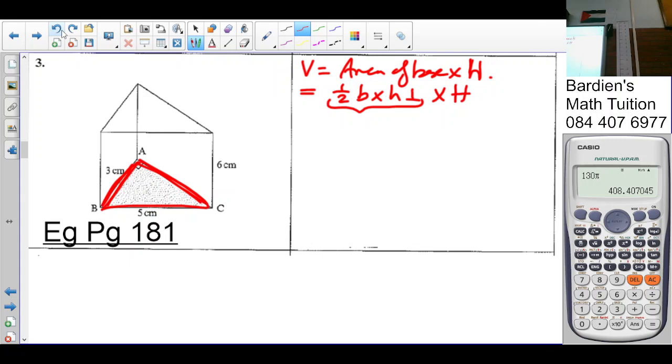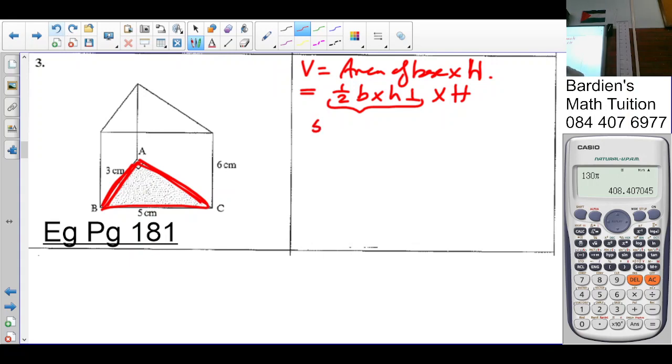People, do we have our perpendicular height of that triangle? 3. But do we have our base then? No, we don't. So how do you think we're going to work out AC? Pythagoras. So set the theorem of Pythagoras up.